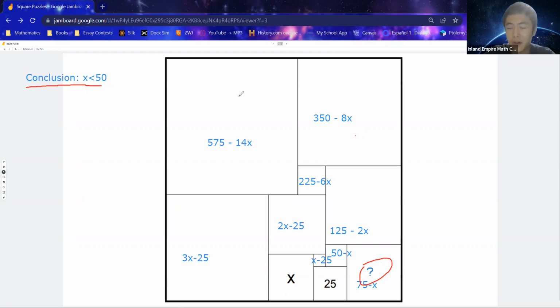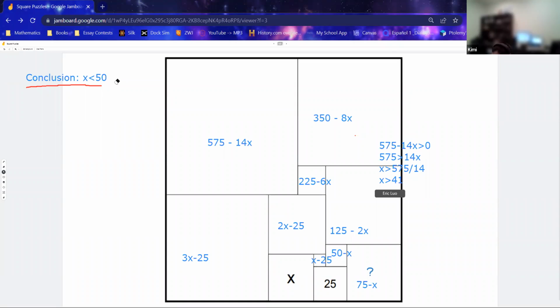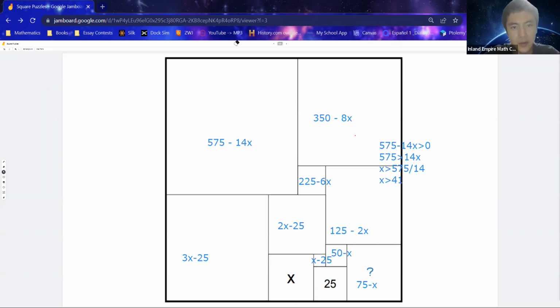However, something that will allow us to get the exact value of x is if we solve an equation. Well, what we can do is, does everyone agree that this shape is a rectangle? Like this big shape right here? Yes. Okay.